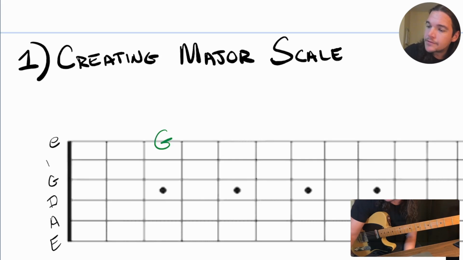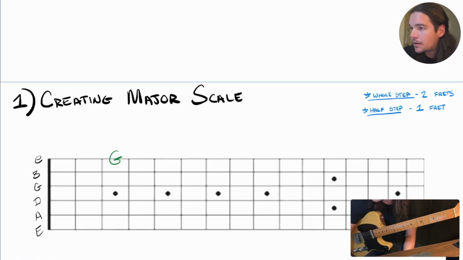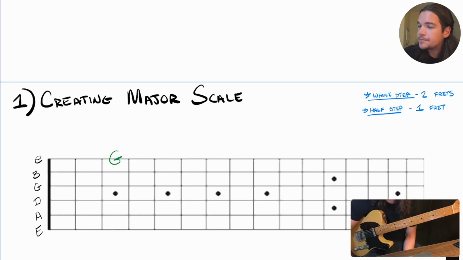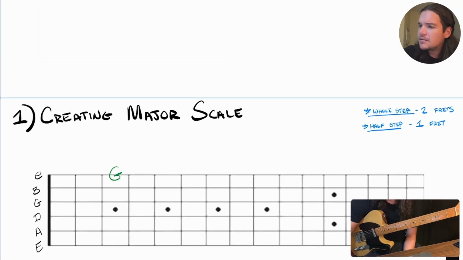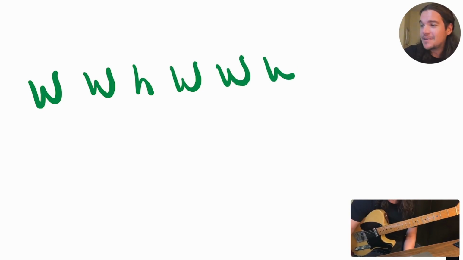What we would have to do is use our system of whole steps and half steps, which goes like this. I'm going to write this up here just so that I can introduce it to you, and then we can actually dig into it. So we would take a whole step, and then another whole step, and then a half step, and then a whole step, and then another whole step, and then another whole step, and then we have a half step.